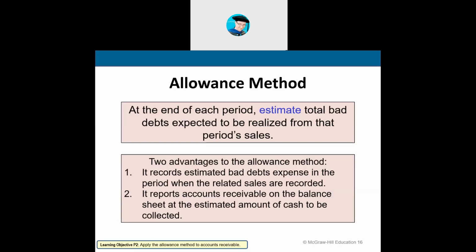These are the percentages that we estimate we won't be able to collect. And of course, that will be adjusted at the end of the accounting period based off of our actual collections. So the first thing we do is record the estimated bad debt expense for the period when the sales are recorded. And what this does is it reports accounts receivable on the balance sheet and the estimated cash to be collected.